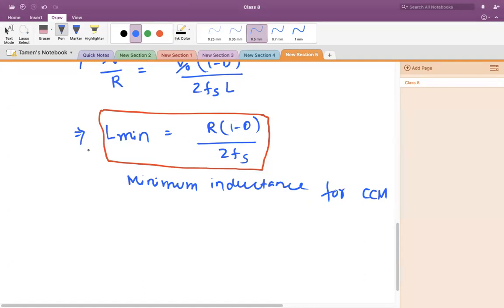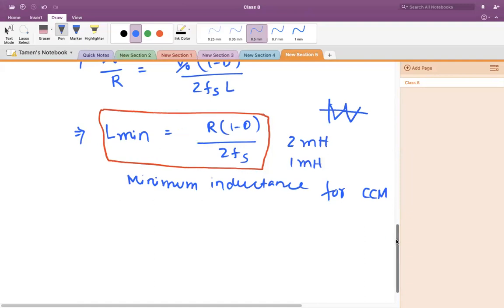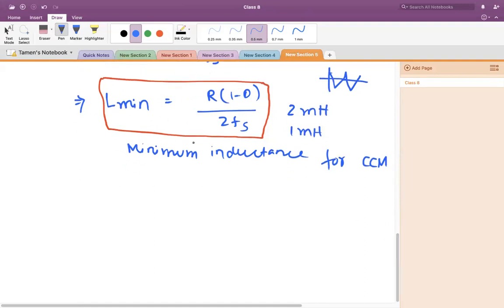And if it is less, suppose the minimum value is 2 millihenry and we are putting in the circuit 1 millihenry, now there is a chance that our circuit will be in DCM. So in order to avoid that, we use this condition.